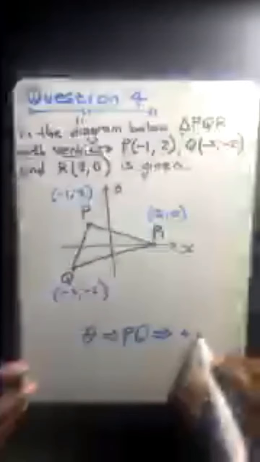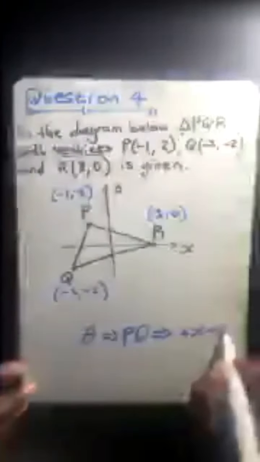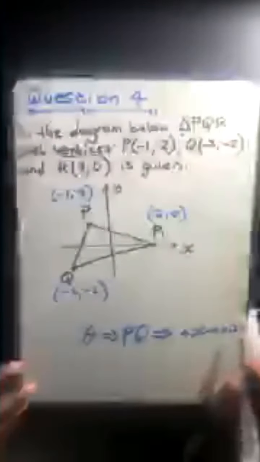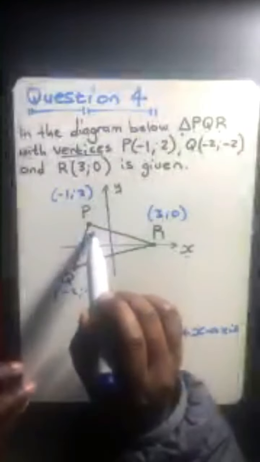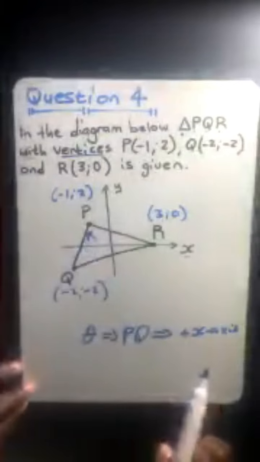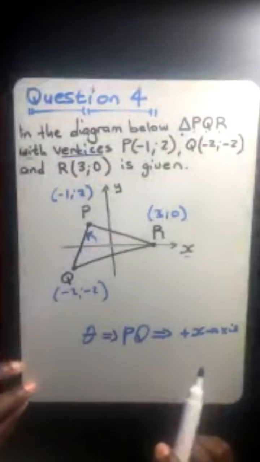It says calculate the angle, let's call it theta, that PQ makes with the positive x-axis. So in short, this is the angle that the question wants you to calculate.